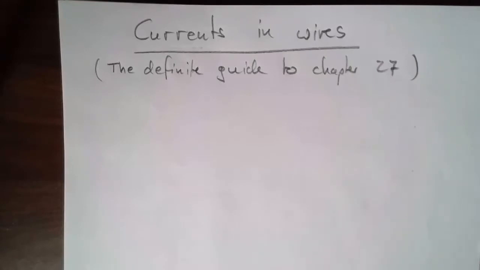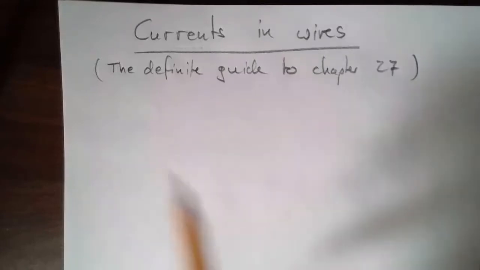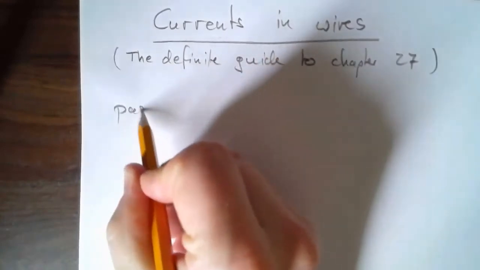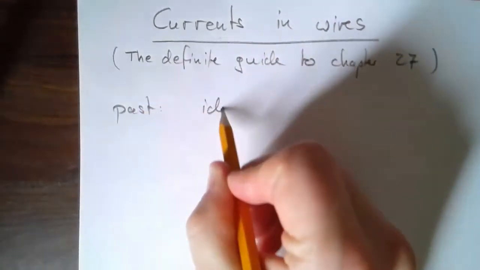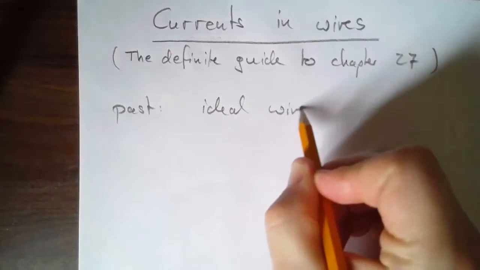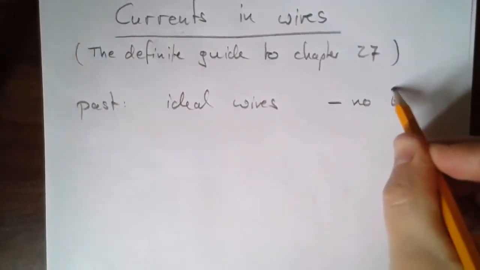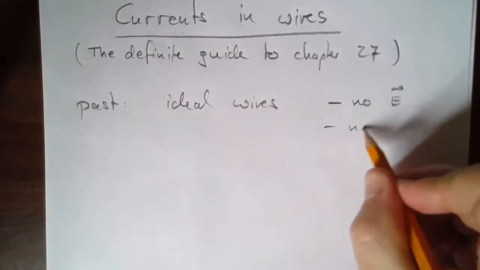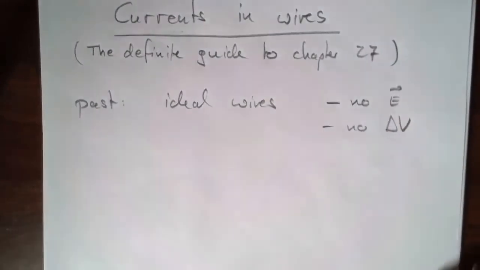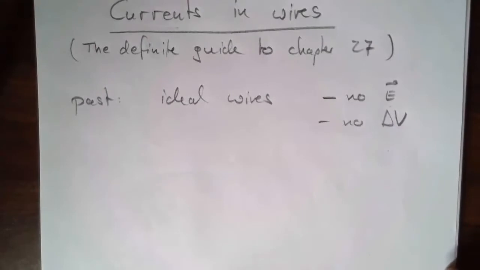The main topic that you haven't met yet is looking at more realistic wires, right? In the past, all our wires were ideal. In the past, we had ideal wires, and the thing about ideal wires, there was no electric field inside, and no potential difference from one part of the wire to the next.